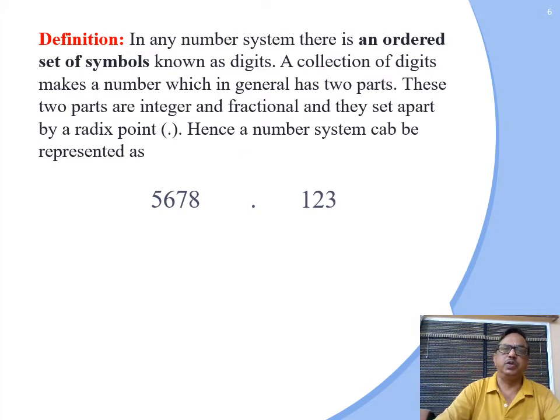What I want to say is that in any number system, it may be decimal, binary, octal, or hexadecimal, there is an ordered set of symbols known as digits, and this collection of digits is known as a number, which has two parts. The first part is known as the integer part, and the second part is known as the fractional part.